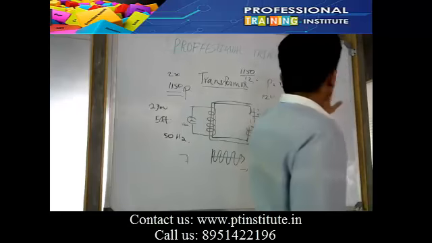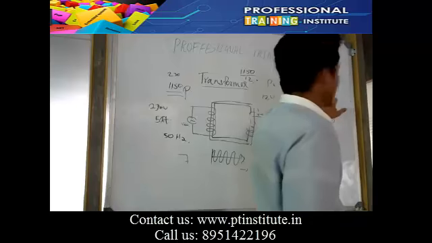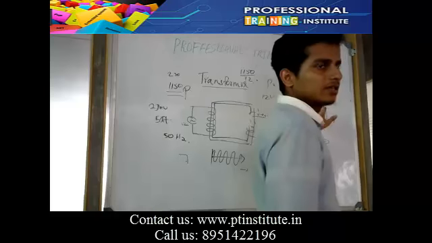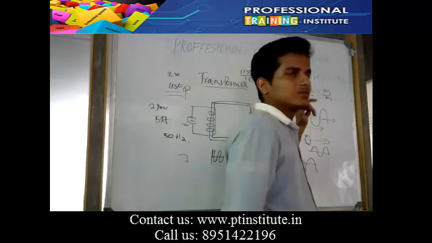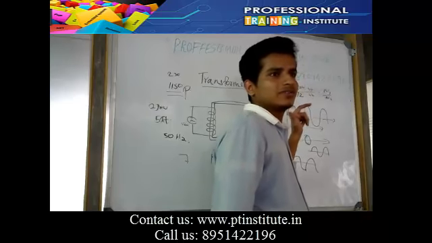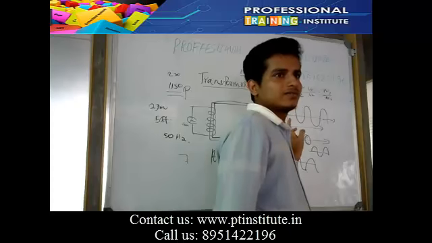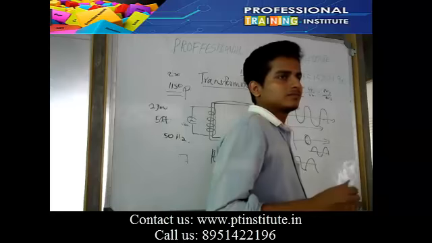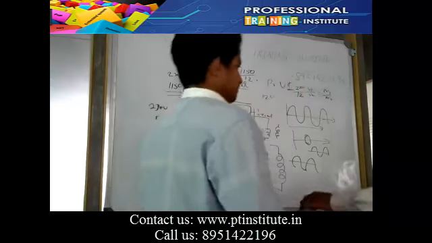N1 is for the 230 volt side. This is a step down, so N2 will be less on that side. There is another formula to find the EMF induced in the secondary side, but no need to find EMF. Any doubt?